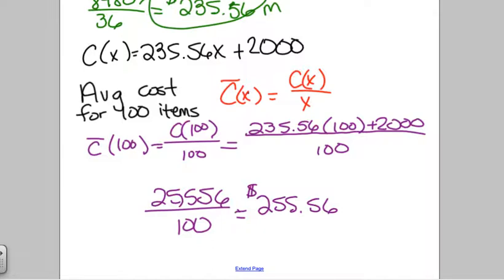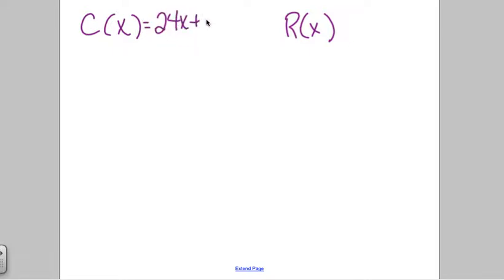Now, what if I want to find my revenue function? So I have my cost function that's C of x, and then I have a revenue function that's R of x. So if I have, for example, the cost of producing ink cartridges is represented by a cost function of 24x plus 18,000.